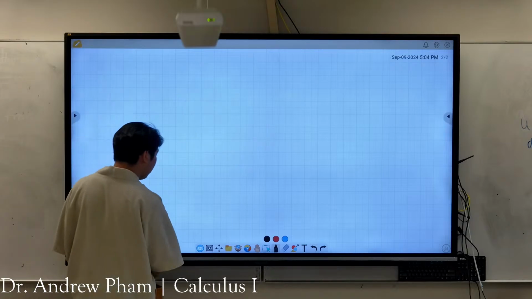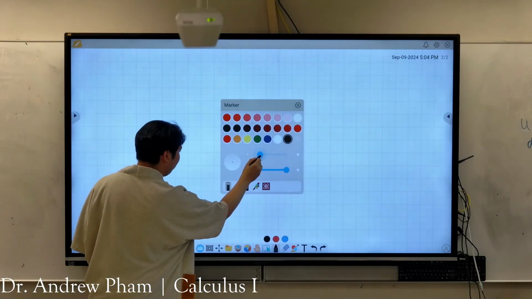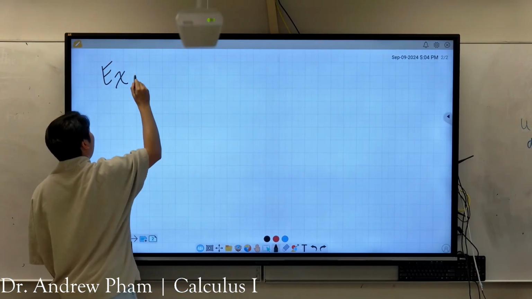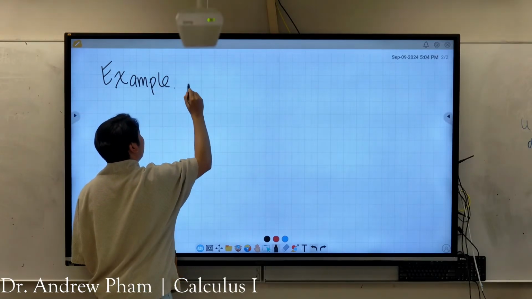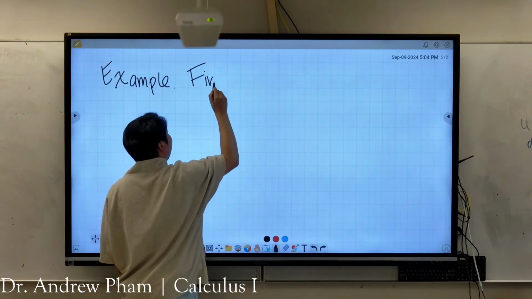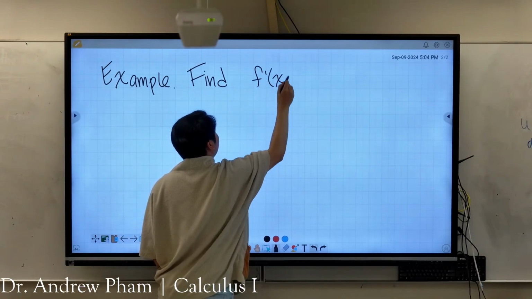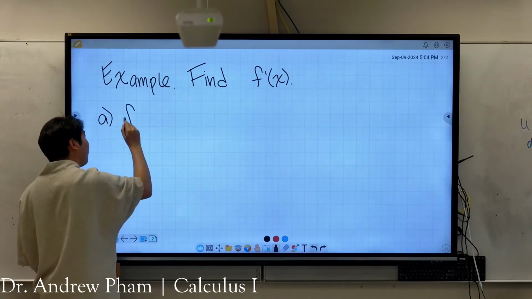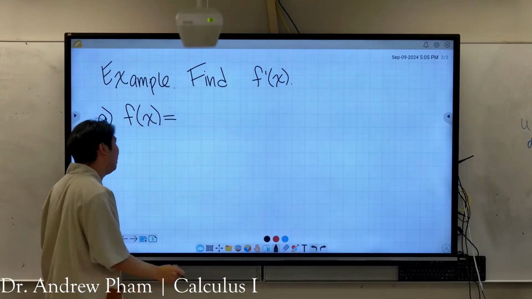So, just so that we can make sure everyone's on the same page, let's do a quick example. I'm going to give 3 examples, and we're going to see how I solve it. So, let's find f prime. Let's start off with a nice quick warm-up.